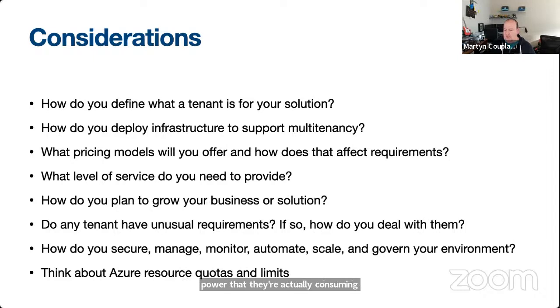A great example of this from an MSP scenario would be crunching cost data that comes from Azure. Right? Cost data in Azure is massive. It takes up a huge amount of storage. The bigger the customer, the more subscriptions they have, the more data there is. So you need to make sure that in that scenario, you charge customers on a scale that reflects your primary consumer of compute power, which in this case would be crunching those numbers on a daily basis.